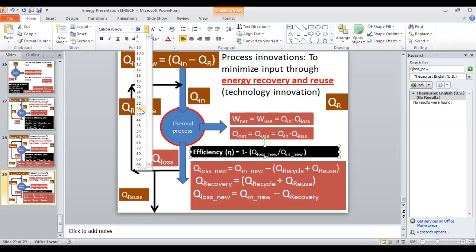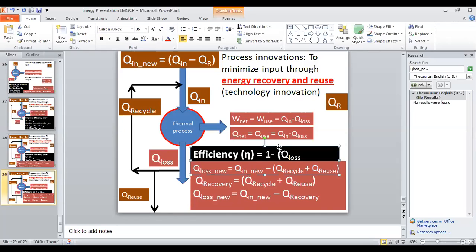Now, so we have the basic concept of energy recovery and recycling. Now you have the idea.